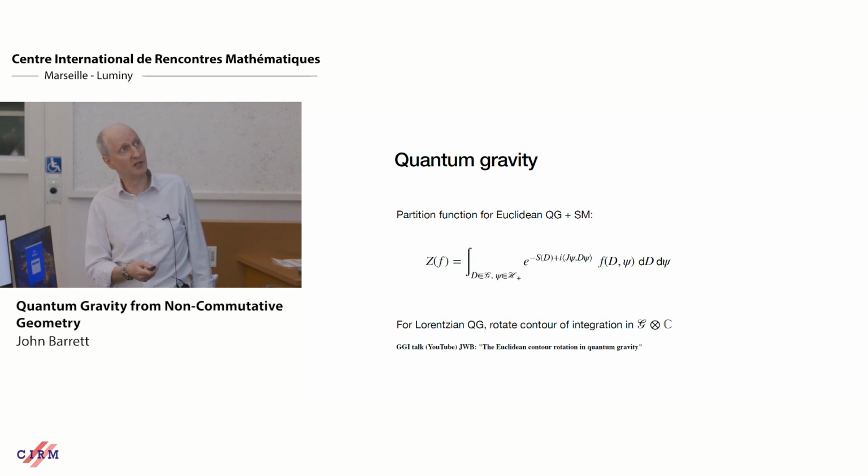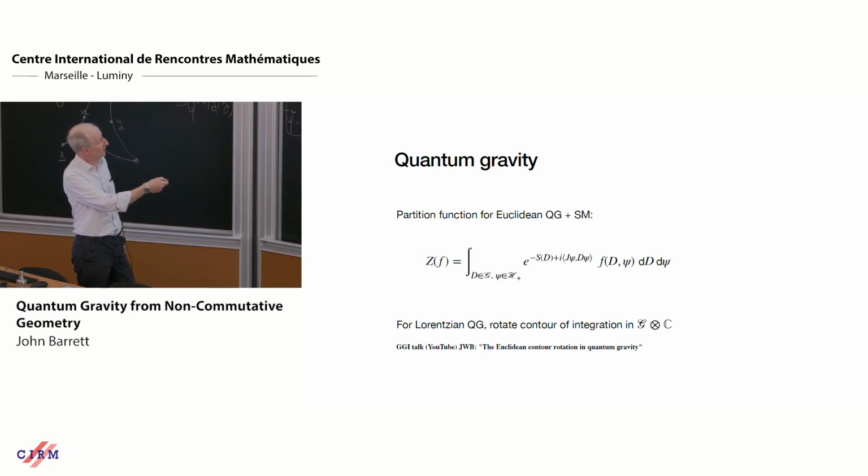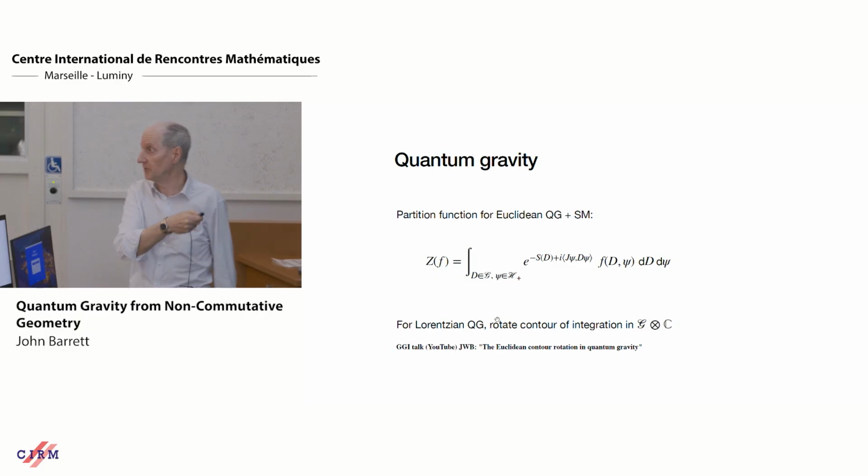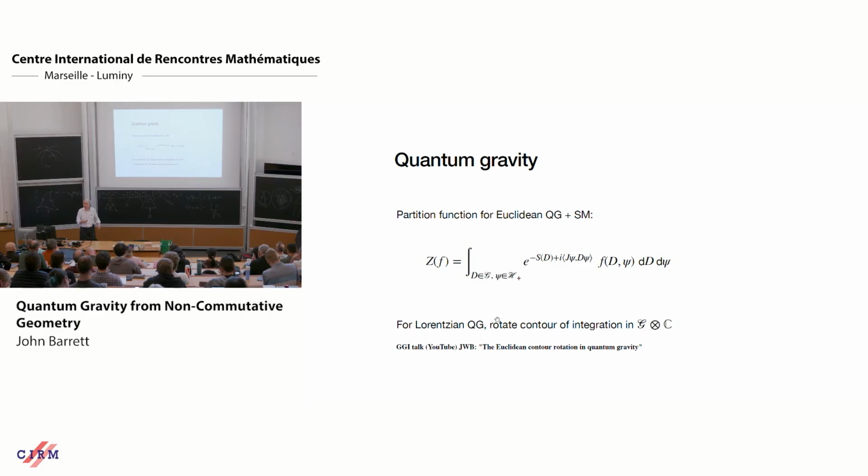That's the bosonic integration. And then the fermionic integration is here. We look at the vectors in the Hilbert space and do Grassmann integration.